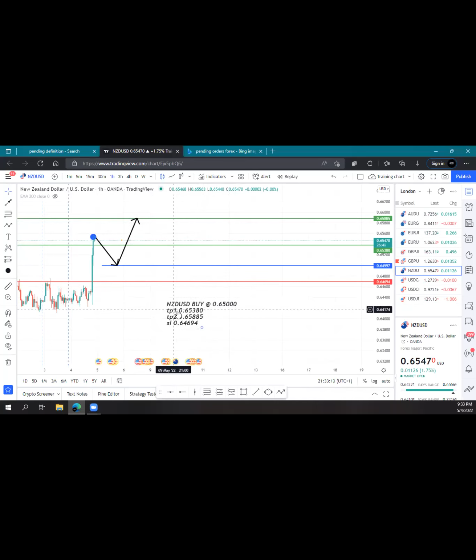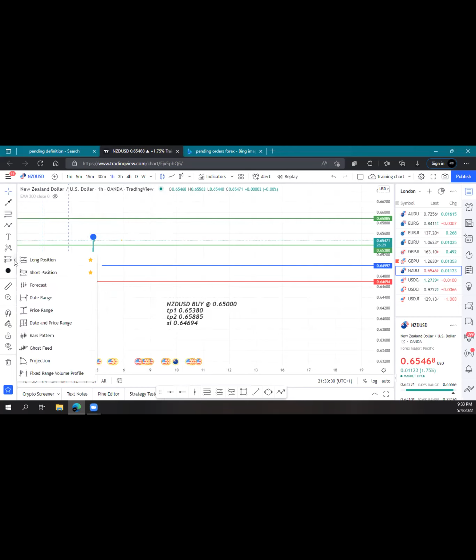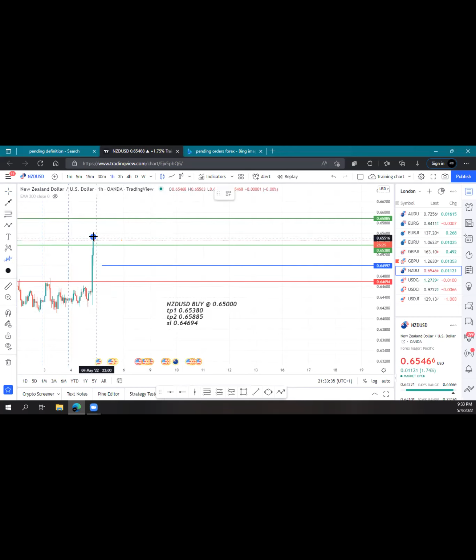I set my TP1, I set my TP2, my stop loss is already set. So now the market will actually make the move. Let me show you what I'm trying to talk about. The market might do this.